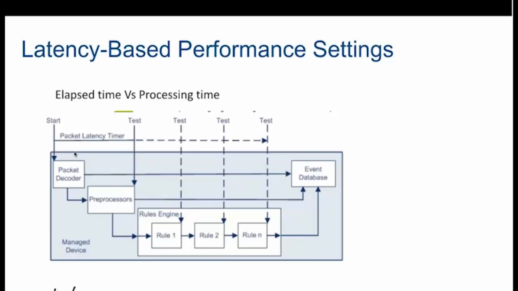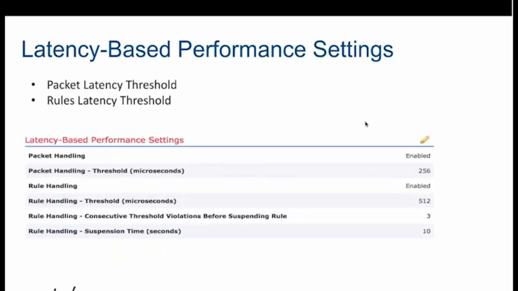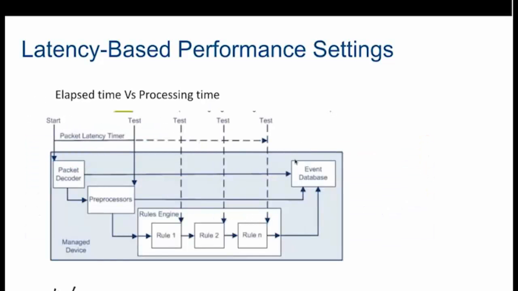So here the elapsed time is given as 256, and now when the packet comes to the detection engine, the processing timer starts. It keeps moving from the packet decoding, then preprocessor protocol abnormality, and then it tries to match the rules.